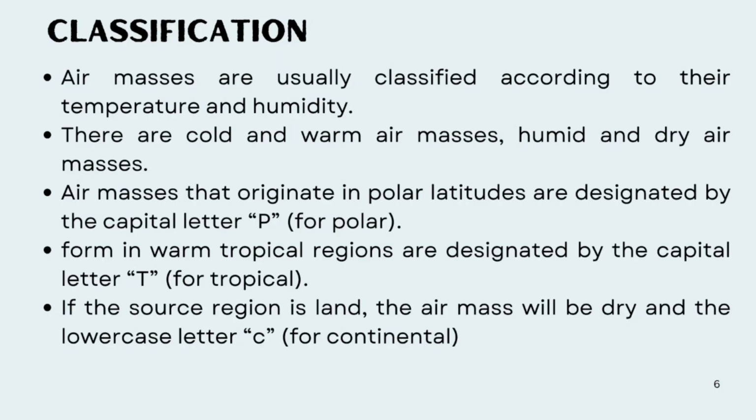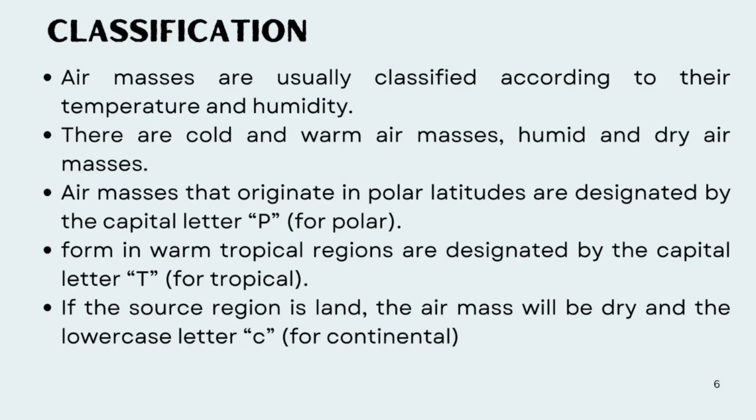Air masses that originate in polar latitudes are designated by the capital letter P, which stands for polar. Those that form in warm tropical regions are designated by the capital letter T, which stands for tropical.